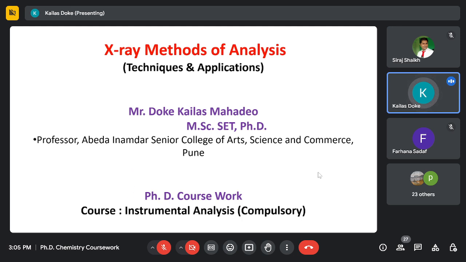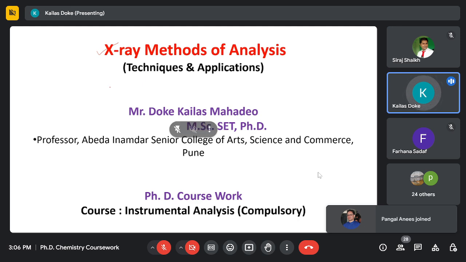One of the topics from the instrumental analysis is X-ray analysis and electron surface analysis. Only these two subtopics are there, and this topic is given by SPPU in the syllabus for 4 hours.